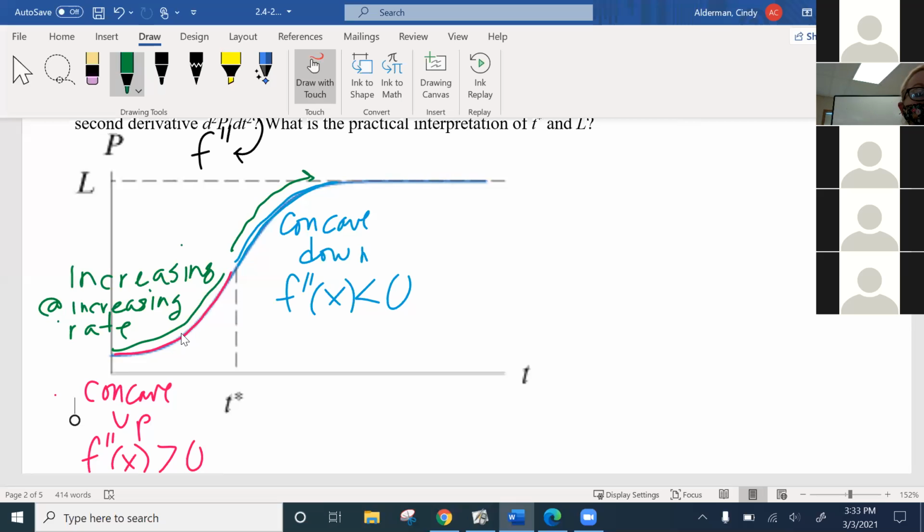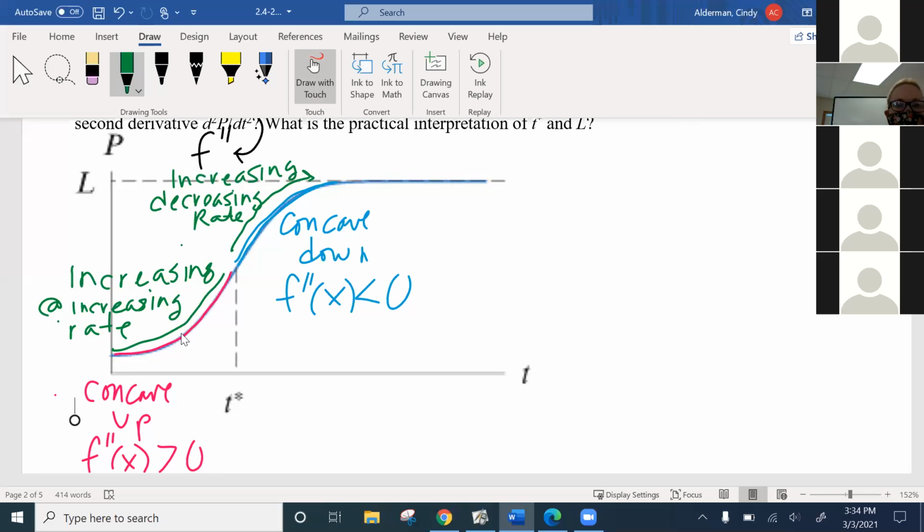So right here, we are still increasing, but at a decreasing rate. What else do I want you to know about this graph?